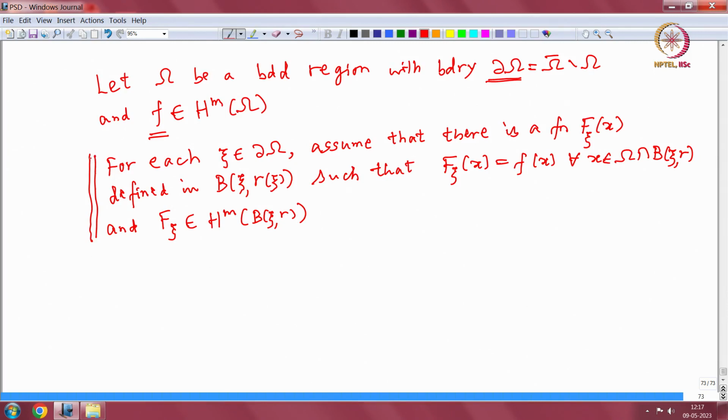So, just remember this, we are going to assume this in the next theorem. Okay. So, we call f j an extension of f into this ball, into B j.